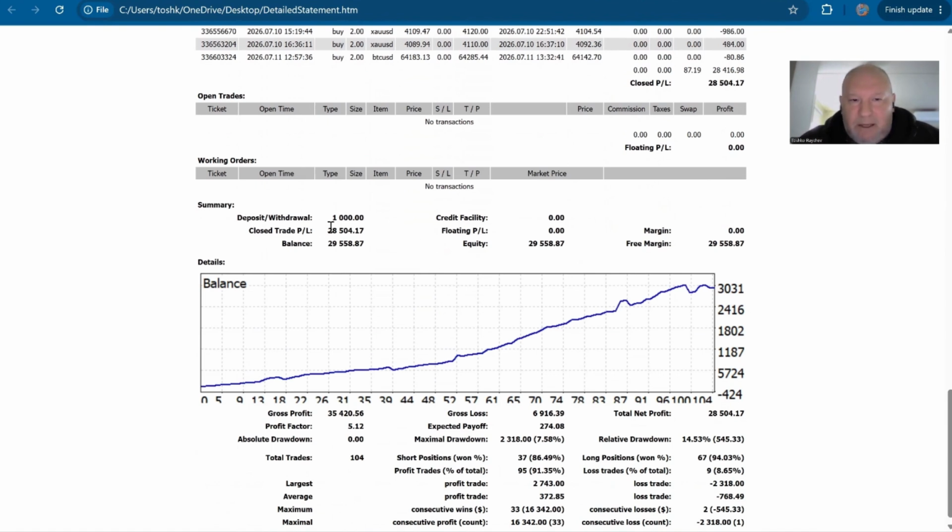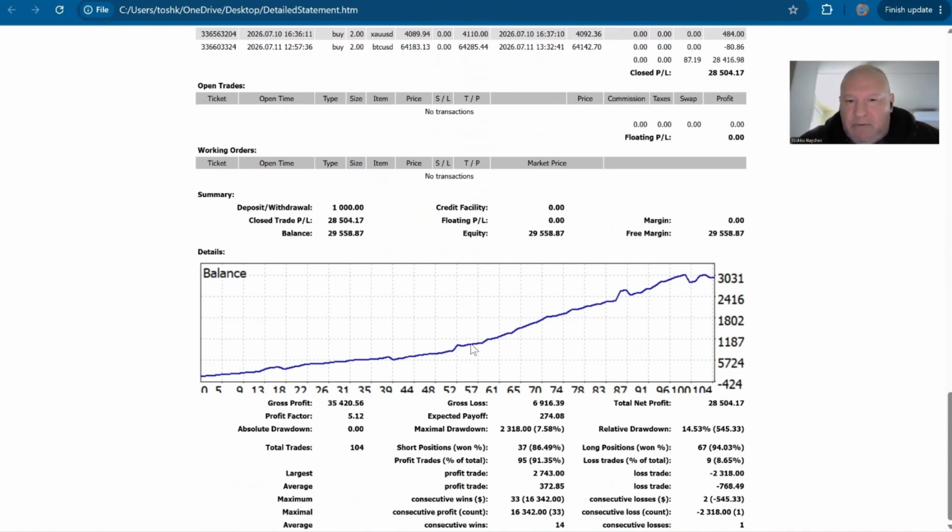At the end, you can see over here the deposit, the profits, as you can see, over 28,000. The balance over 29,000. Pre-margin, as you can see, so over here is a graph of the gains on this account. Then you can see gross profit, all the info over here. Basically, profit factor.